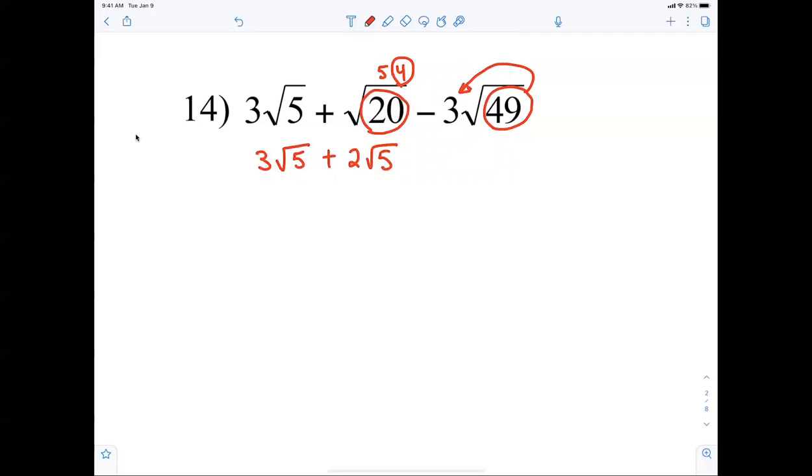Then there's a 3 out in front. So it'd just be minus 21. And then you're just looking at saying only those two can be added together. 5 radical 5 minus 21. Anybody have any issues with that?